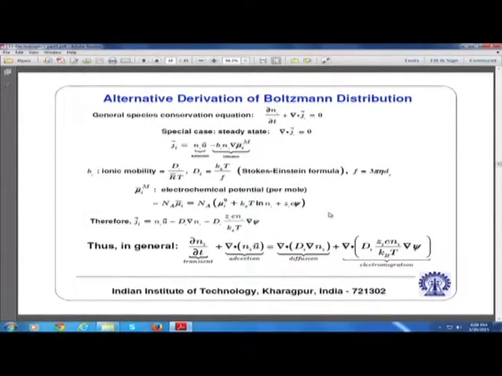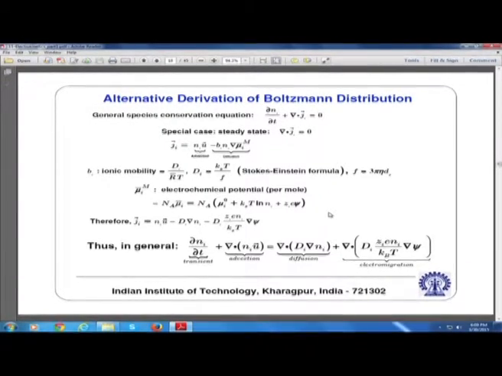Ji, one part is due to fluid flow, equal to Ni into U. Now you can write the flux directly from thermodynamics, by noting that the flux is proportional to the number density, because the more the number density, the more the flux, and the flux is proportional to the gradient of the chemical potential, the electrochemical potential rather, not the chemical, because here the chemical species have charges.